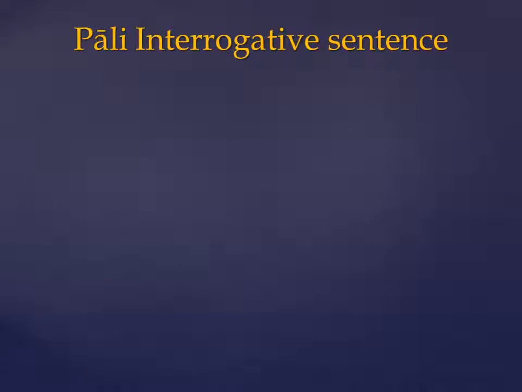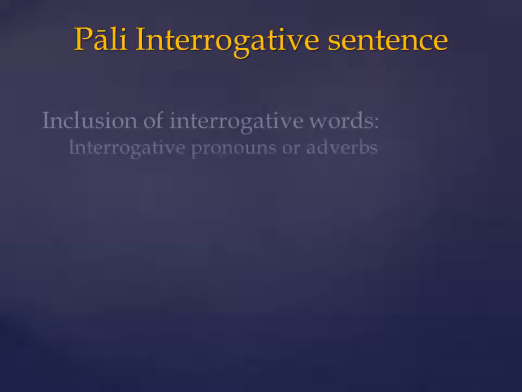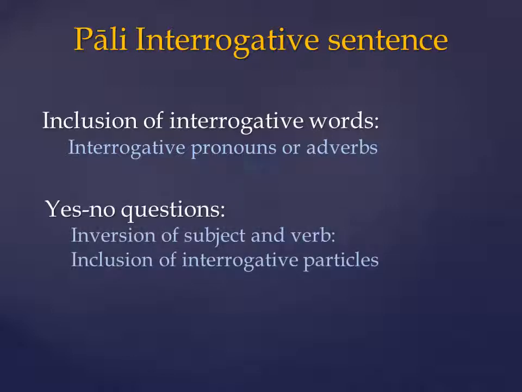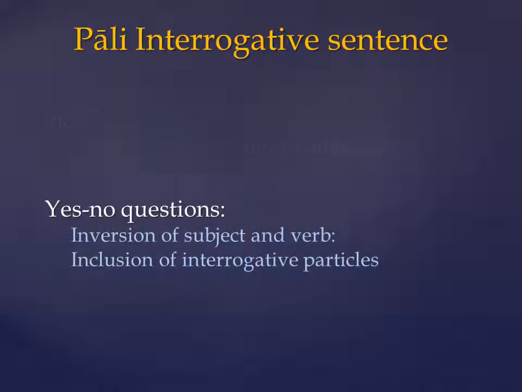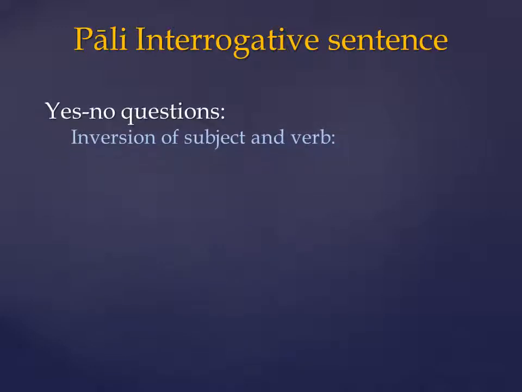Well, hopefully from that brief run-through of interrogative pronouns and adverbs you get the idea of how they work in an interrogative sentence. So let's now look at how yes-no questions are formed. This can be by either inversion, and by that I mean that the verb is placed first in the sentence. If you remember in Pali, the word order, unlike English, is subject, object, verb. So we can create a question by placing the verb first, giving us verb, subject, object.